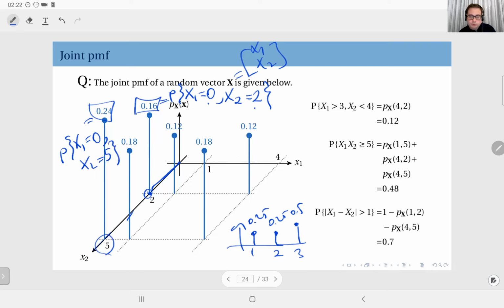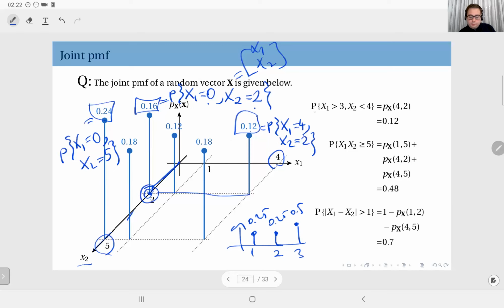And this one, 0.12, is the probability that the random variable X1 takes the value 4 and random variable X2 takes the value 2. Or you can see this as the probability that the random vector X takes the value of the vector (4, 2). That's the same thing.